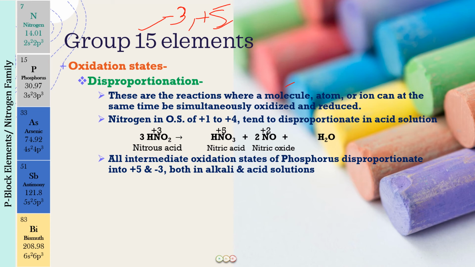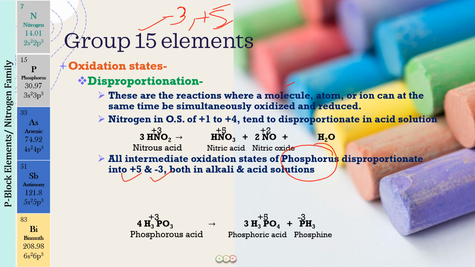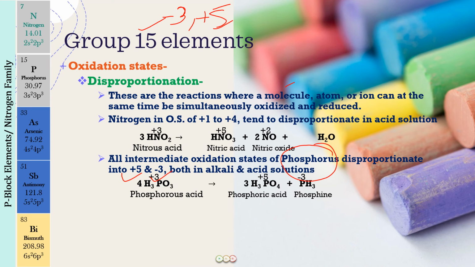Okay, so what do you remember? For phosphorus, whenever there is a disproportionation reaction, phosphorus will go into the +5 oxidation state and the -3 oxidation state. For example, we have phosphorous acid, H3PO3.